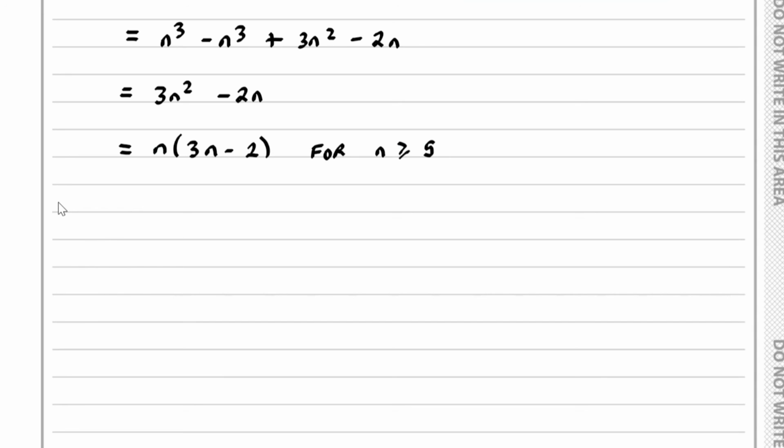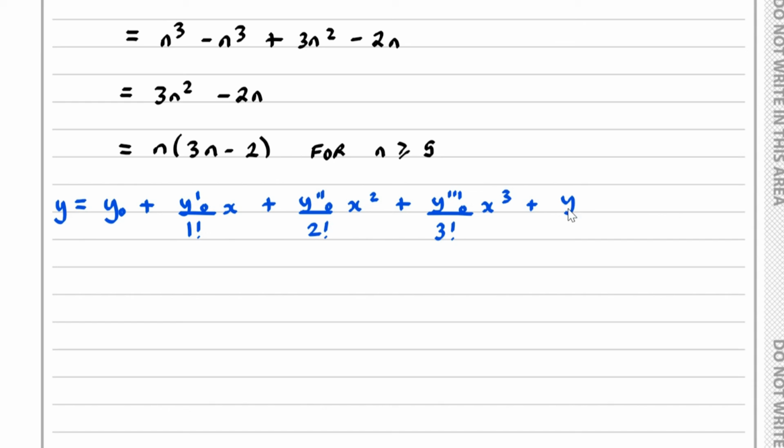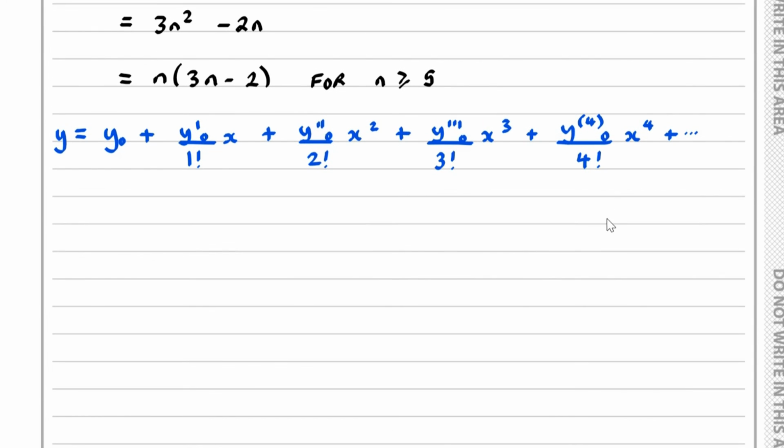With the Maclaurin series, we have y equaling y(0) plus y dash when x equals 0 over 1 factorial times x, plus y double dash when x is 0 over 2 factorial times x squared, plus y triple dash when x equals 0 over 3 factorial times x cubed, plus the fourth derivative when x is 0 over 4 factorial times x to the 4, plus higher order terms.